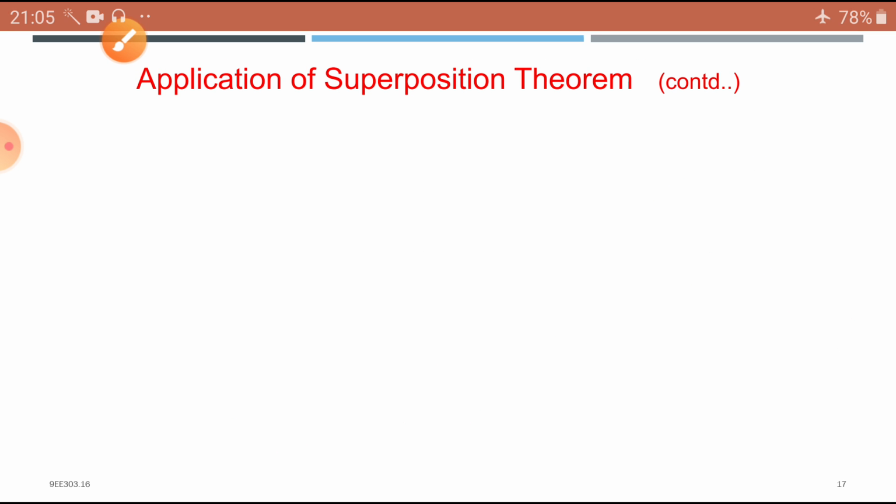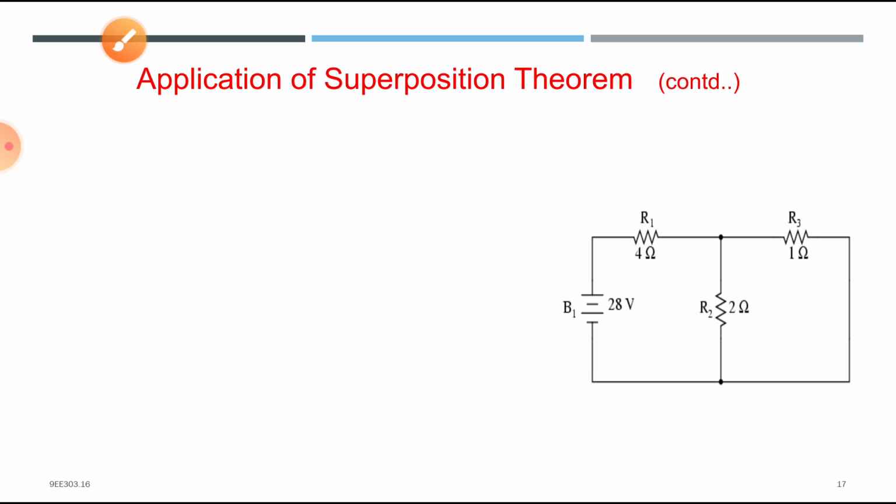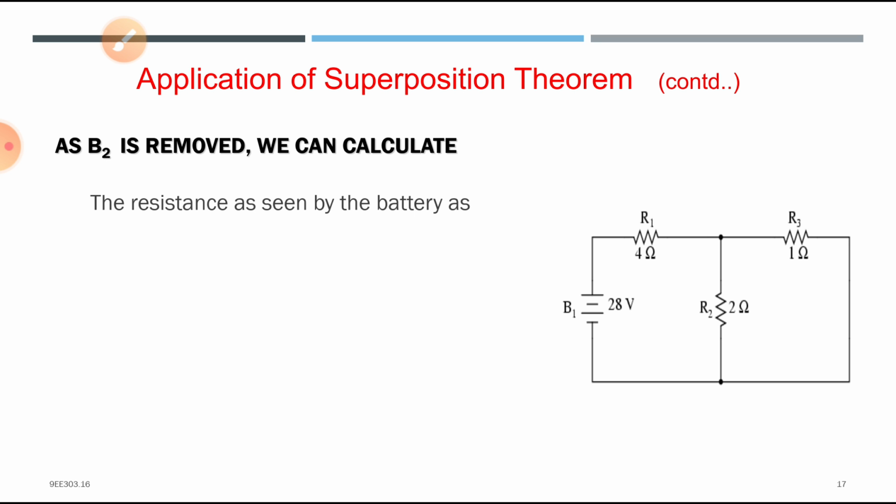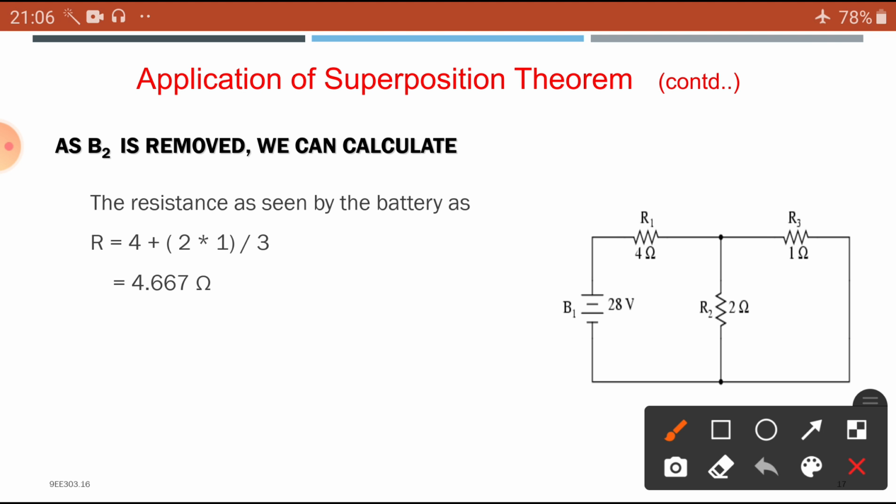Now, here B2 is removed, so we can calculate with the help of B1 only. The resistance seen by the battery is the total resistance, equal to 4 plus (2 × 1) by (2 + 1), which is nearly 4.667 ohms.